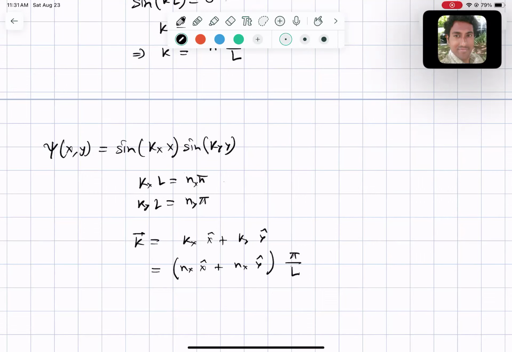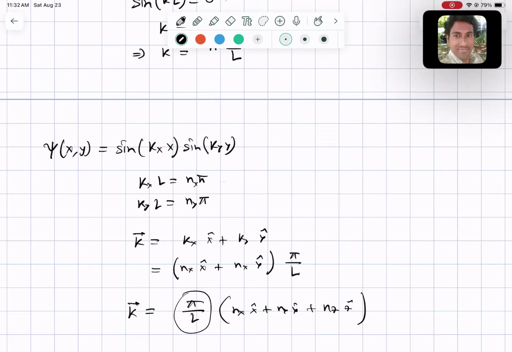Like I'm just combining two coordinates together. Okay. In 3D case, it will be, pi over L is there, nx x hat plus ny y hat plus nz z hat.